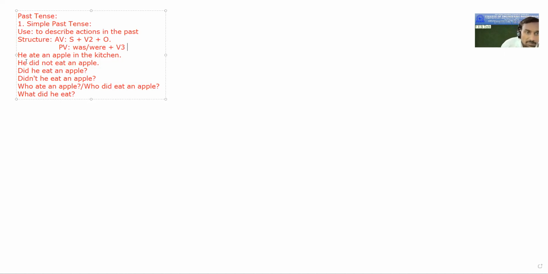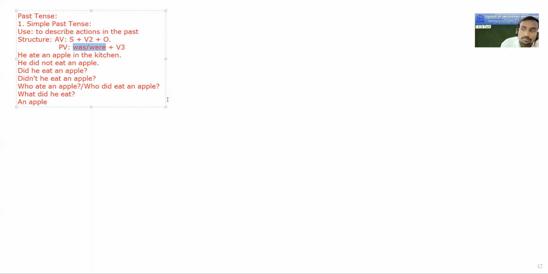Now we are going to consider the same example: he ate an apple. We will skip "in the kitchen" here because we want to understand it in a better way. So the object is an apple. Now think about the choice between was and were. When to use was, when to use were. For he, she, it, and the third person singular, we use was.